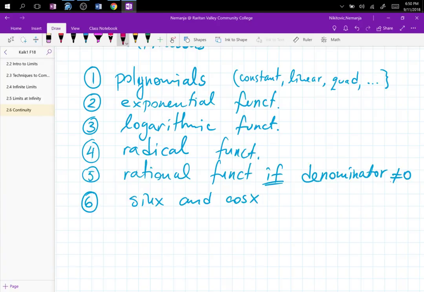another very important theorem which states that combinations and compositions of continuous functions are continuous. This one is going to be written in blood.